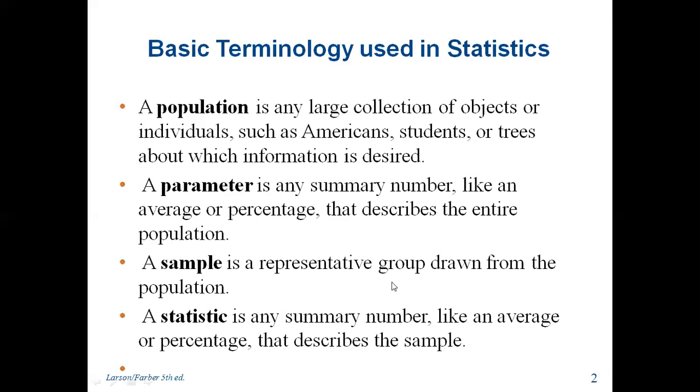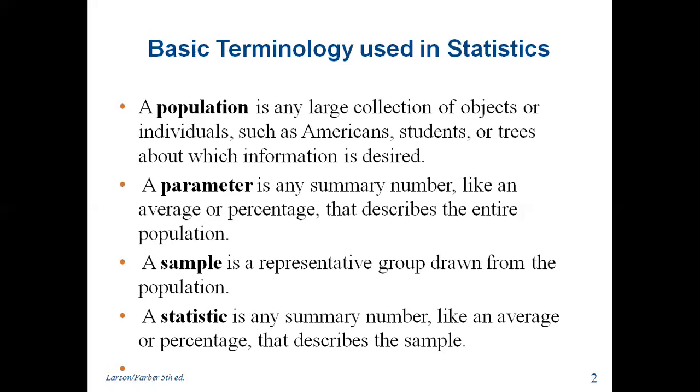A sample is a representative group drawn from the population. Suppose that in a country we are finding the total number of students; we select a small subset of students from that population, and this subset is called a sample.